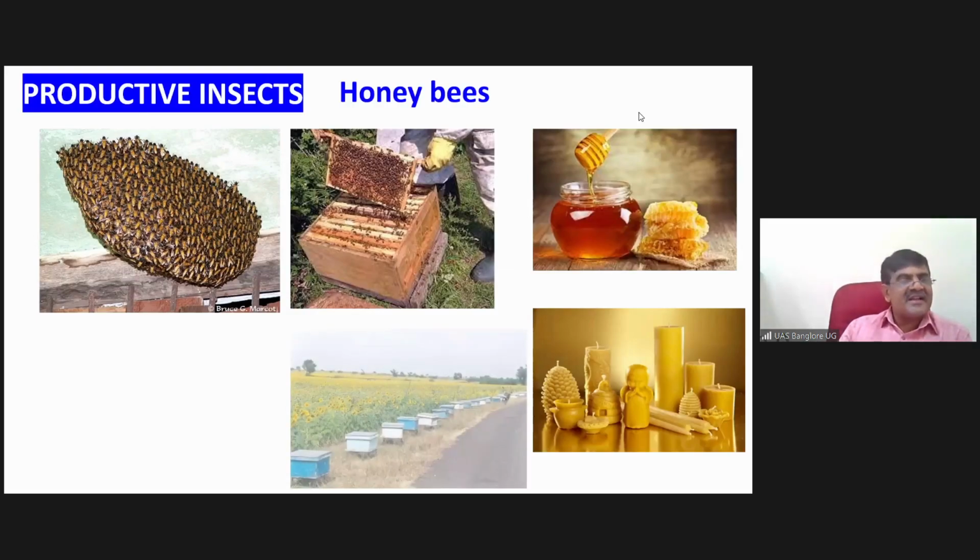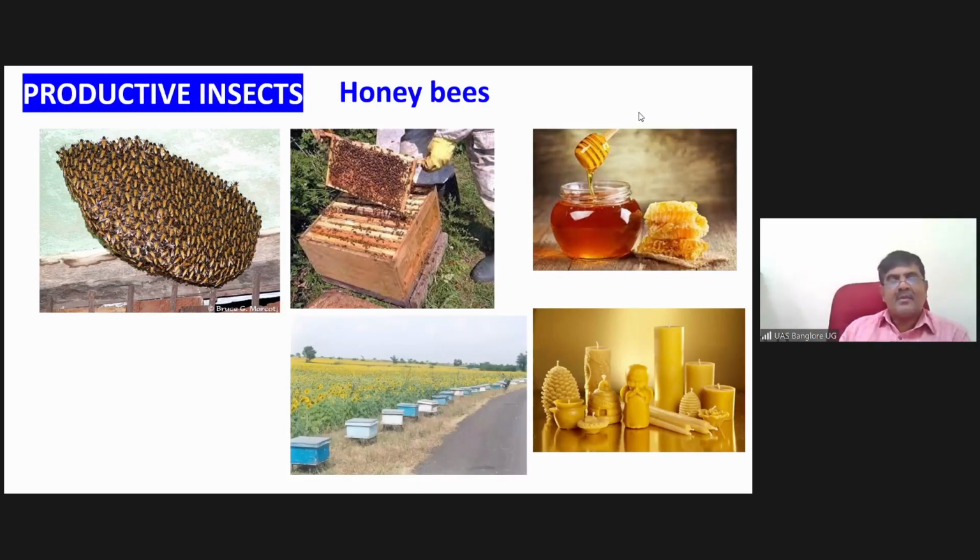And there are some crops which are dependent on honeybees for pollination. For example, you can see the boxes.